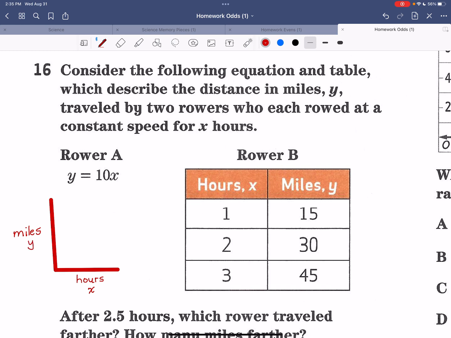Okay, the first rower covers 10 miles per hour. In rower B, if we look right here, we can tell the unit rate for this one. So what we're trying to do is determine a unit rate. For this person, for A, the unit rate is 10 to 1.